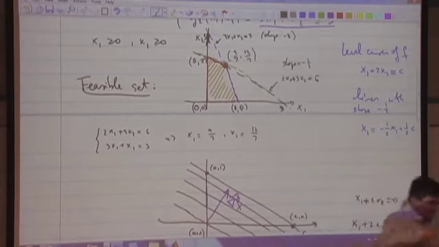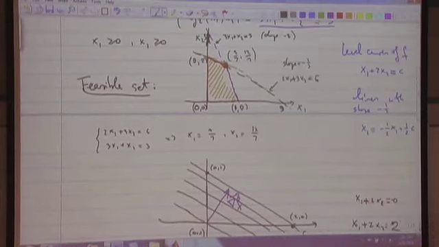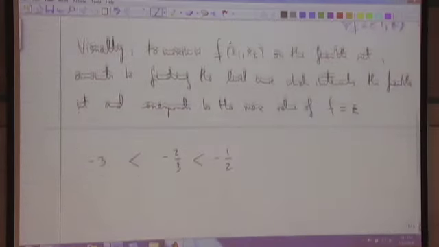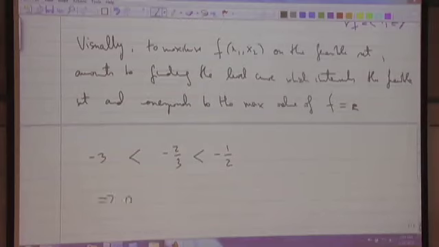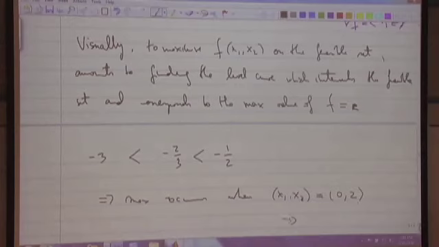So this means that you can slide it up all the way to where this value is achieved, right? So this means that the maximum occurs when x1 and x2 are 0 and 2.